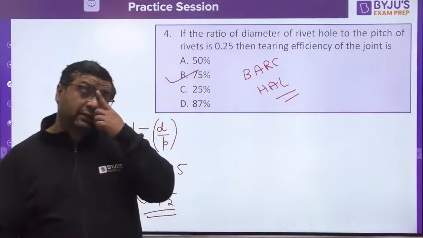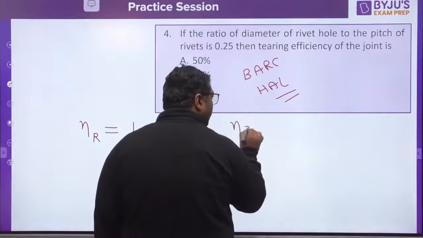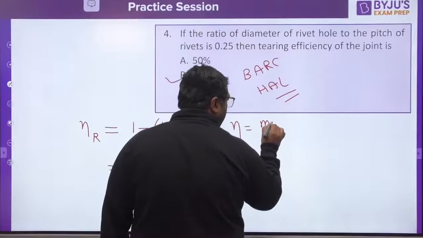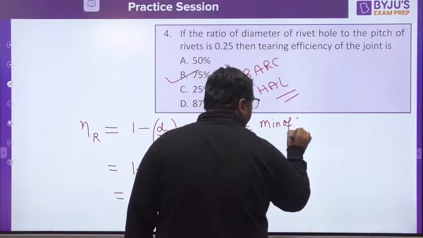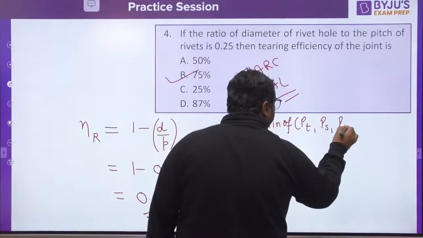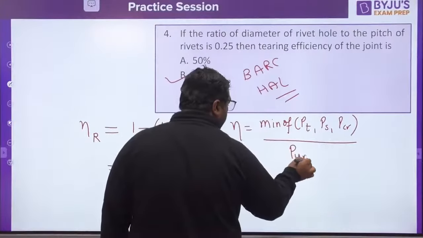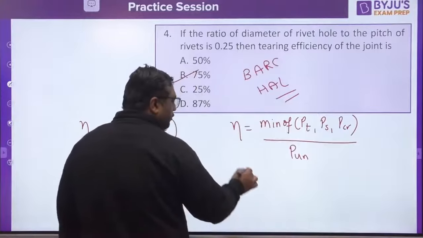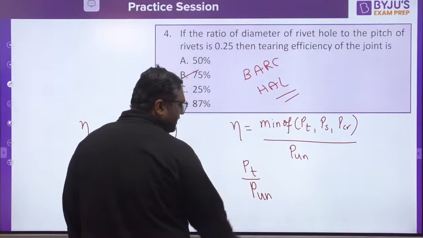Dear, actually the efficiency is defined as the minimum of PT, PS, PCR divided by P unriveted. So my dear, when you do PT by P unriveted, this is tearing efficiency.